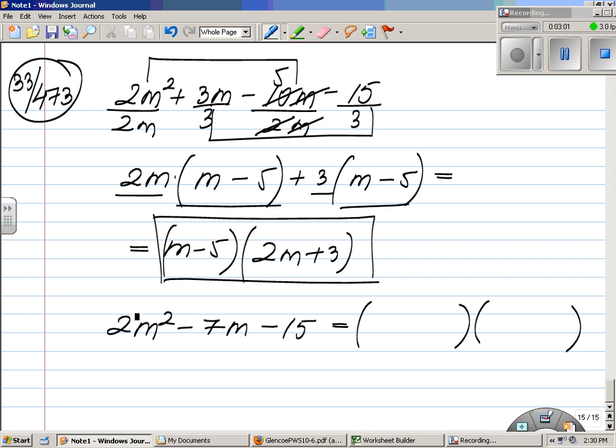So you're doing the backward steps from foiling. You'll try to unfoil. I don't know if I can say that.